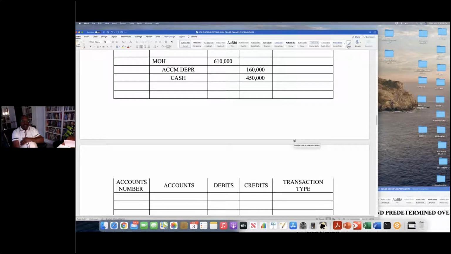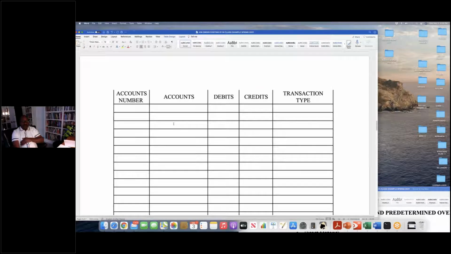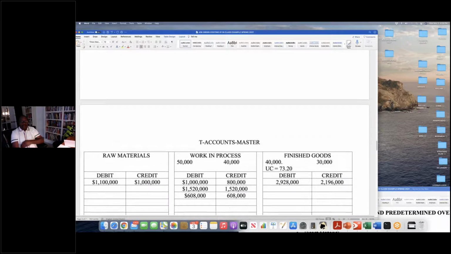And so we're going to make a journal entry: debit COGS, because we need to put 2,000 more in costs in there. We're going to credit manufacturing overhead for this 2,000, and post this entry.